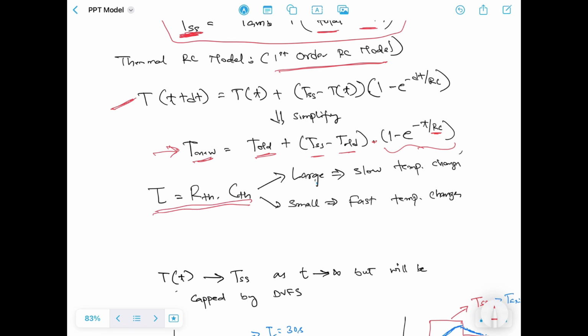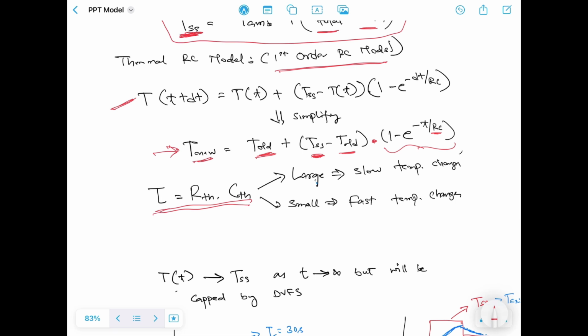So basically we will use the temperature of the system plus the max, which is the steady state temperature, subtract the old temperature, and multiply it with e to the power minus t by RC.